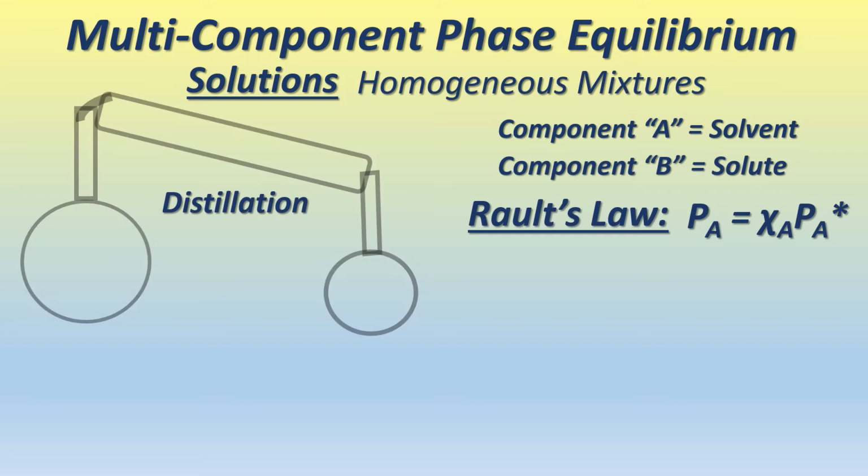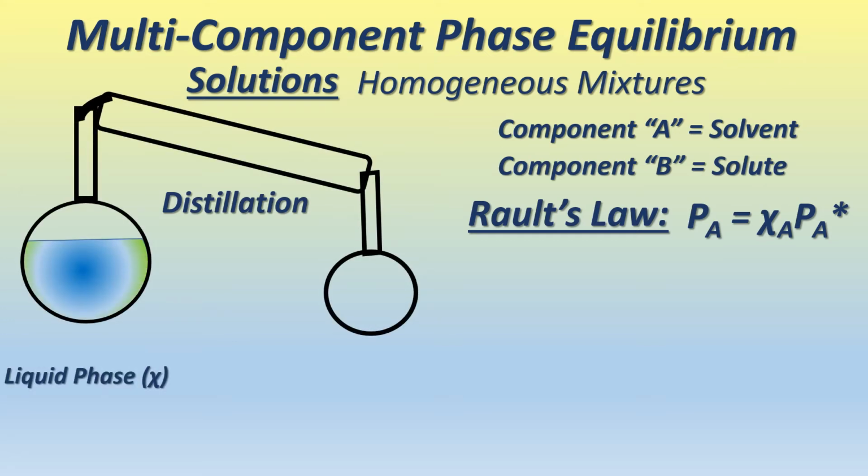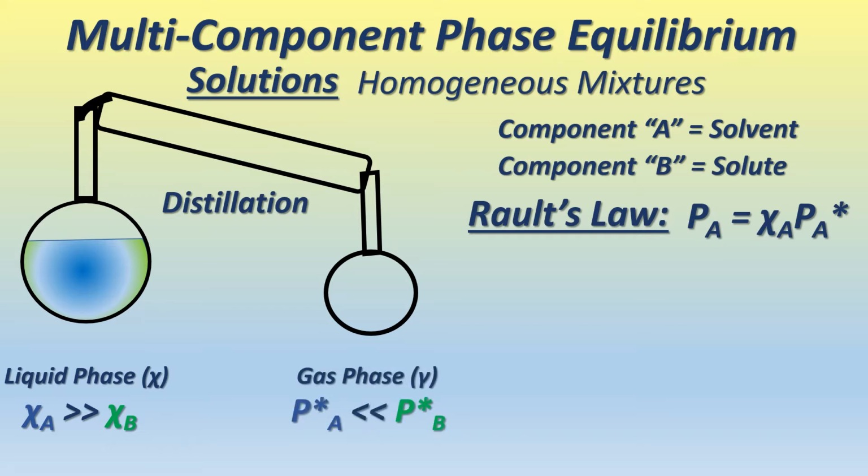If I look at a distillation, the distilling pot is going to have a preponderance of A since it's the solvent. The mole fraction of A in the pot is going to be much larger than the mole fraction of B. However, in the gas phase, B has a much higher vapor pressure in the pure state.